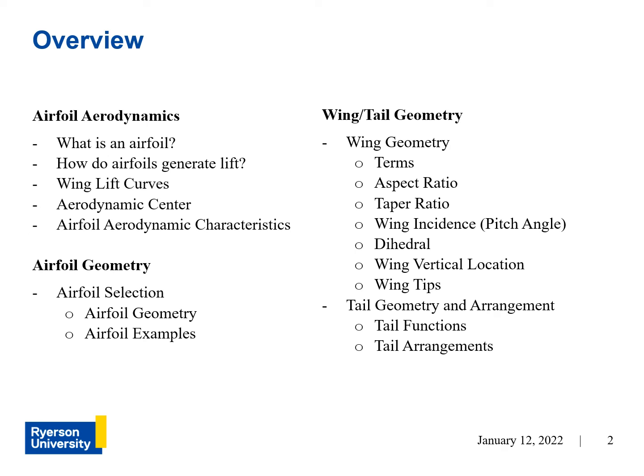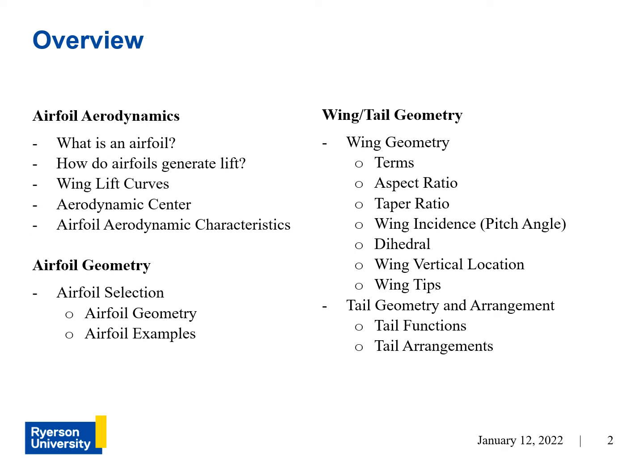The next section is going to be all about airfoil geometry, and it'll be talking about the different geometric parameters of an airfoil, as well as some examples of airfoils that are used in free flight competitions.